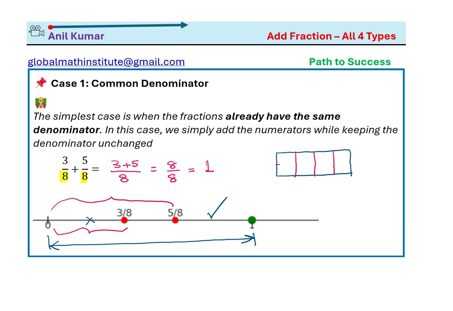And then this straight line right there gives me 8 equal parts. And then what are we doing? 3 by 8. So color 3 of them, right? So 1, 2, 3, correct. Then 5 by 8. So 1, 2, 3, 4, and the fifth one. What have you done? Well, you colored them all, and so the answer is one whole.